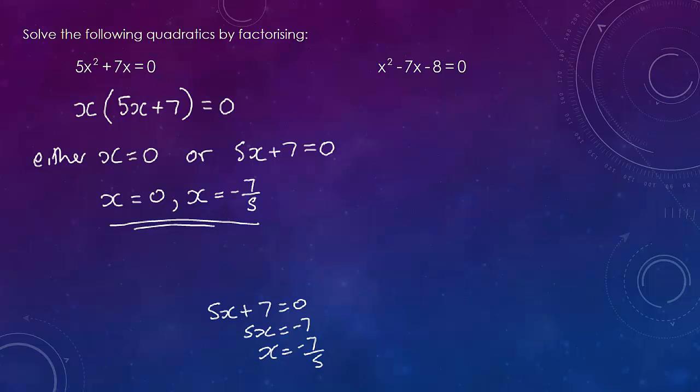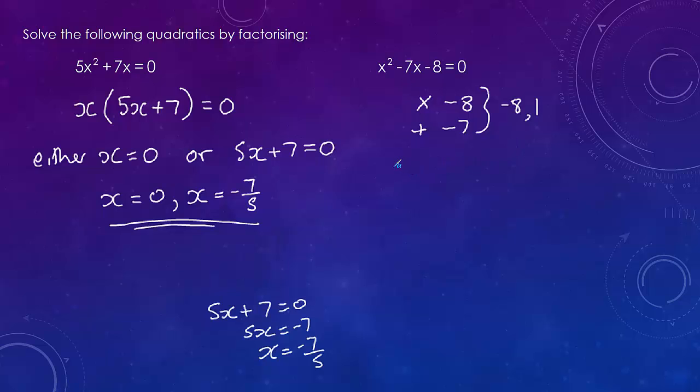Now for this second example, what we're looking for is two numbers that multiply together to give us negative 8 and which add together to give us negative 7. Negative 8 and positive 1 would do that.